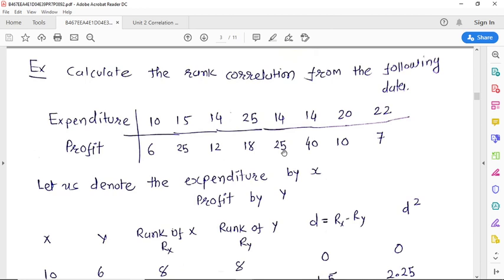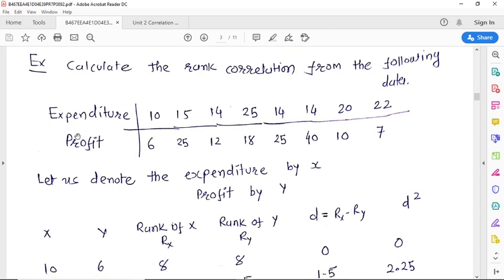And as you can see, 14 is repeated 3 times here. So the data has repetitions, and here 25 is repeated 2 times in this data. So that is the tied ranking.